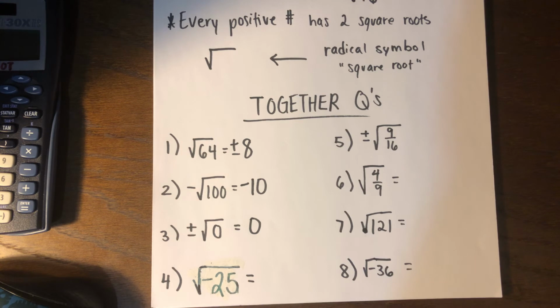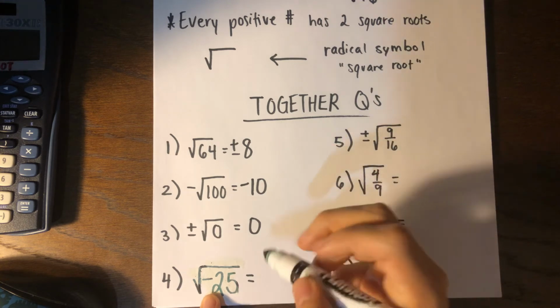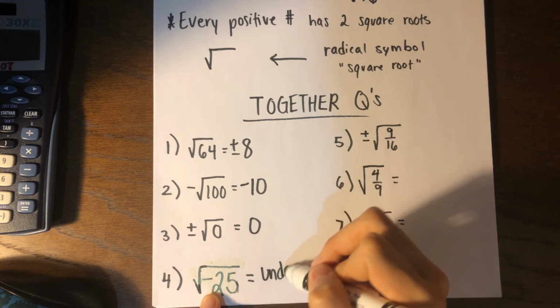Okay? The next one, number 4, we look at the square root of negative 25. You might be thinking to yourself, well, the square root of negative 25 would be, it's probably negative 5, like we did up here. But that's not the case. Anytime you have a negative inside the square root symbol, this is going to be undefined.